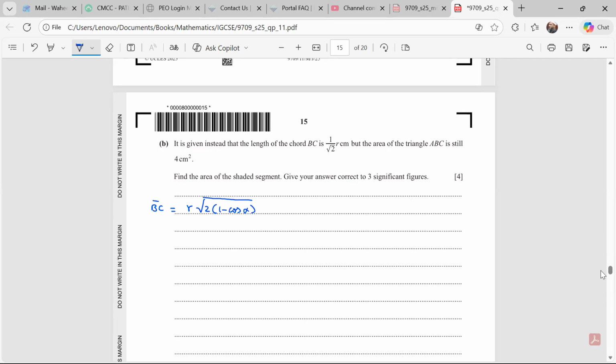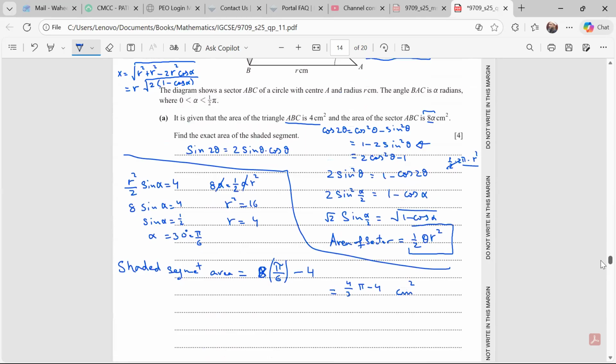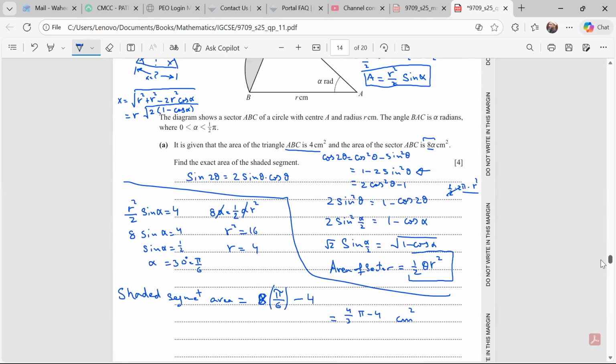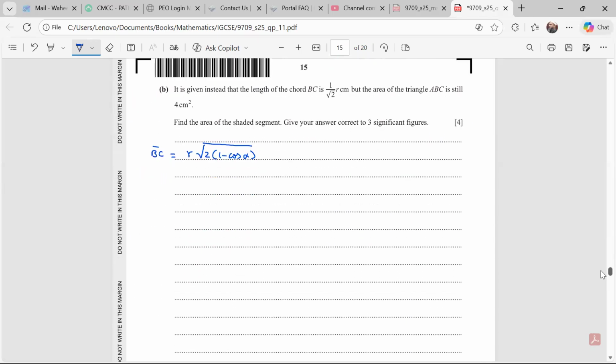Let us double check. Yes, this is it. R under the root 2, 1 minus cos alpha. So yes, it is r.